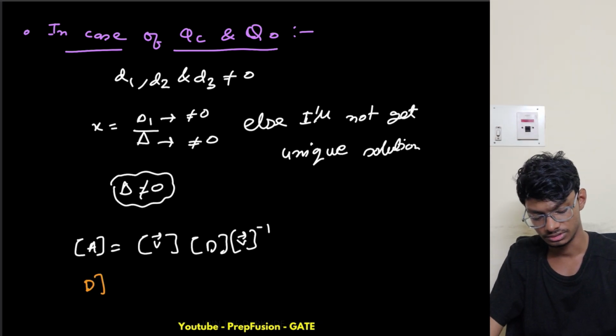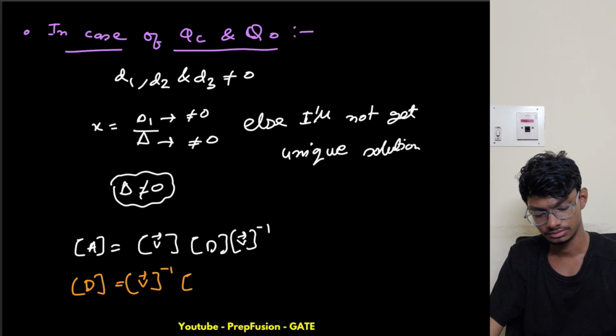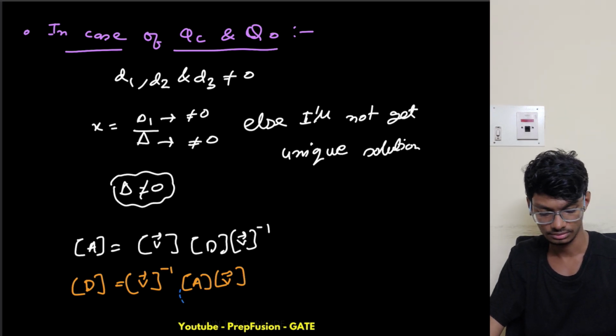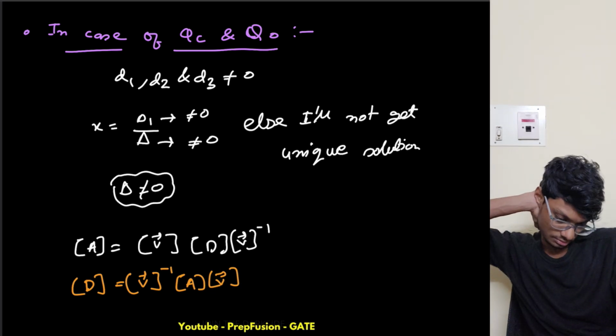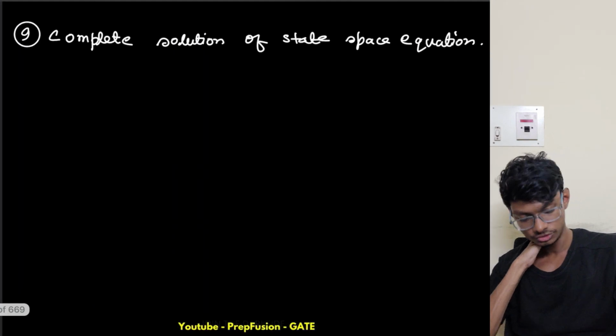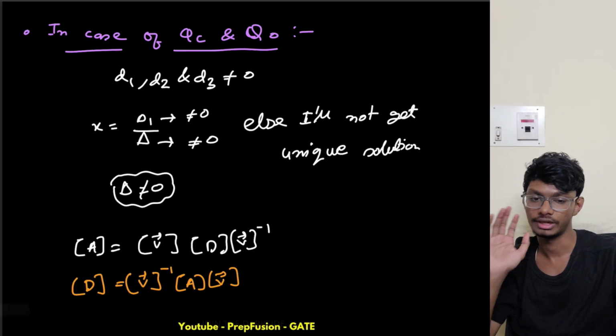So this is D, this becomes V inverse, and this becomes V. So this is all about the diagonal matrix.